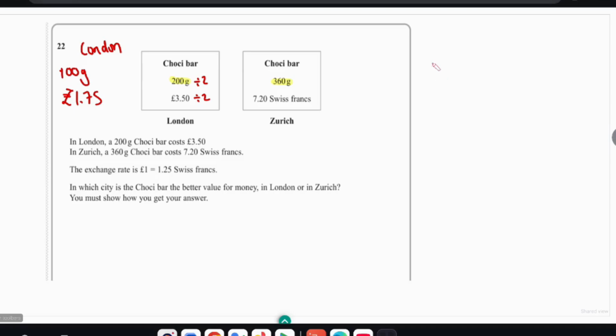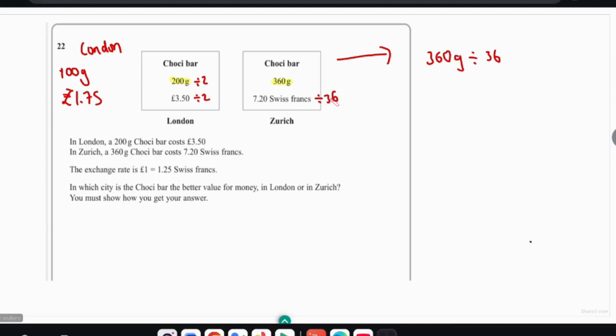Okay, now this isn't quite as easy. You need to make 360 grams in Zurich into 100 grams. Let's divide it by 36 first to make it into 10. And then we'll times it by 10.